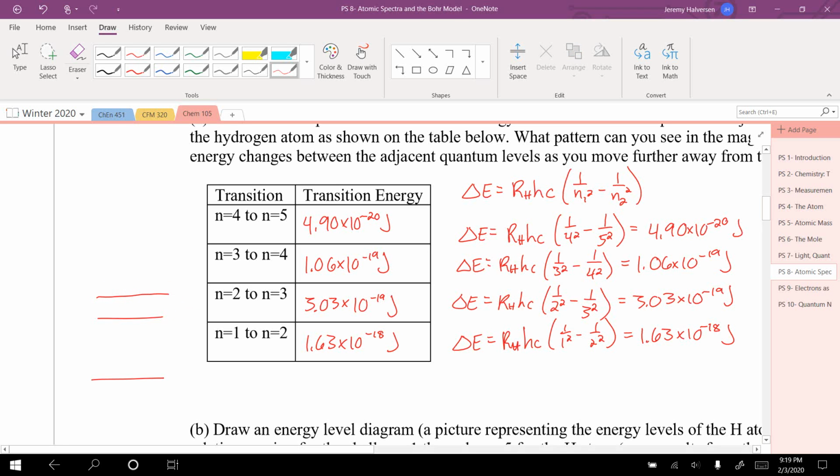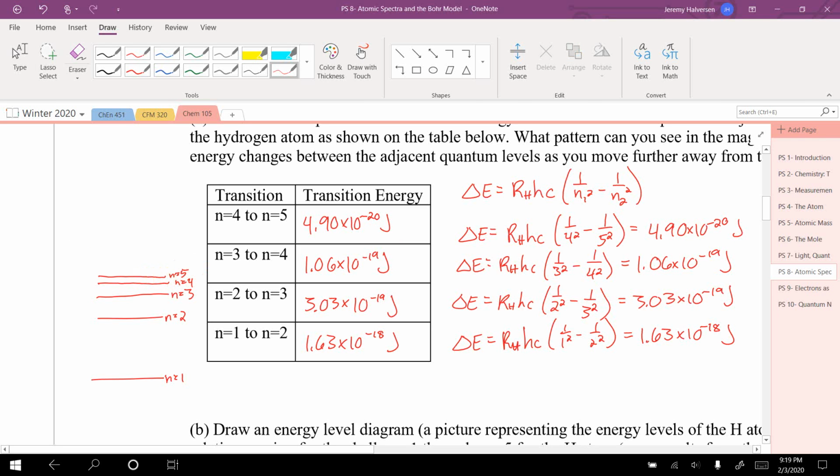So that jump is smaller. And then that goes to n equals 3. And then to go from 3 to 4, guess what? That jump gets cut almost to a third of what it was before. It gets even smaller. And the next jump, even smaller than that.